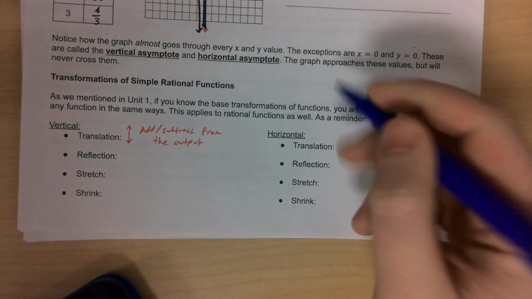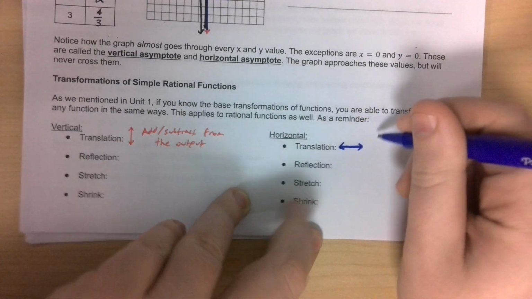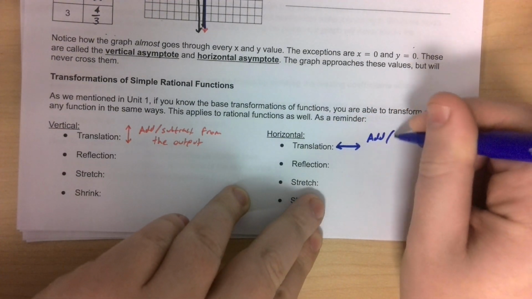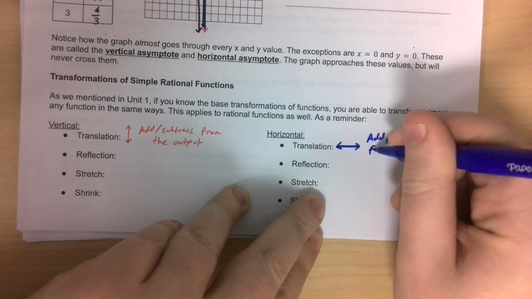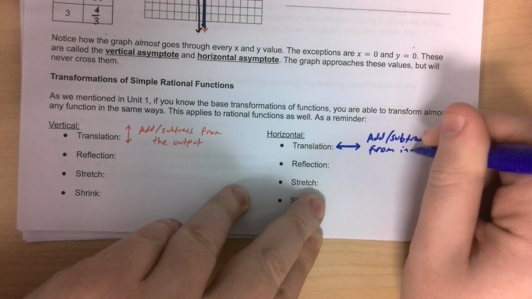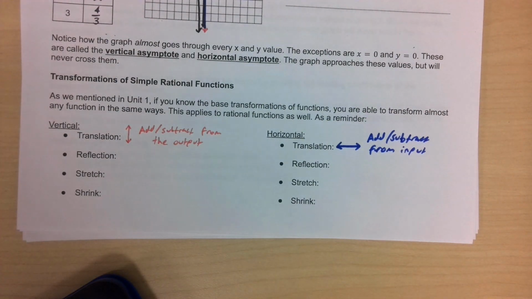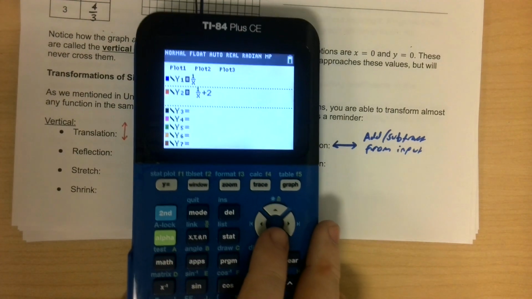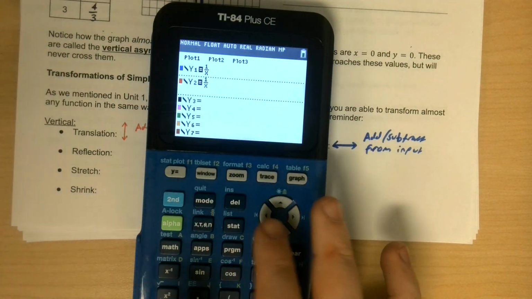Well, do you remember what horizontal translations are? It's the same thing. We're still adding or subtracting, but it's not from the output, it's from the input. So, instead of having the plus 2 at the end, what is our input here?